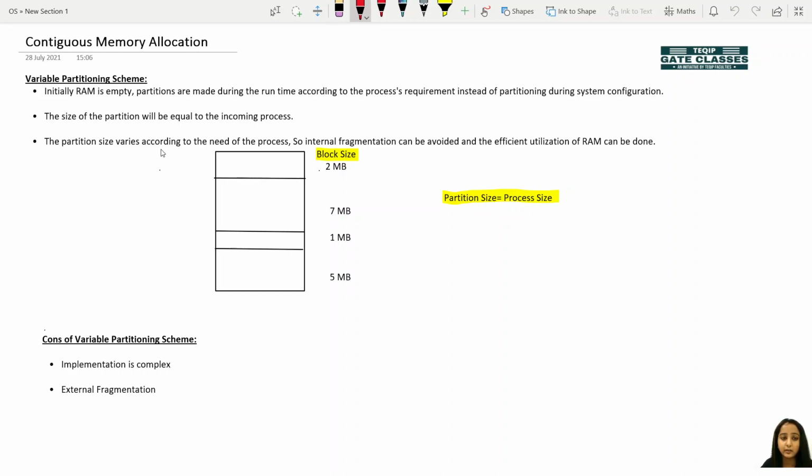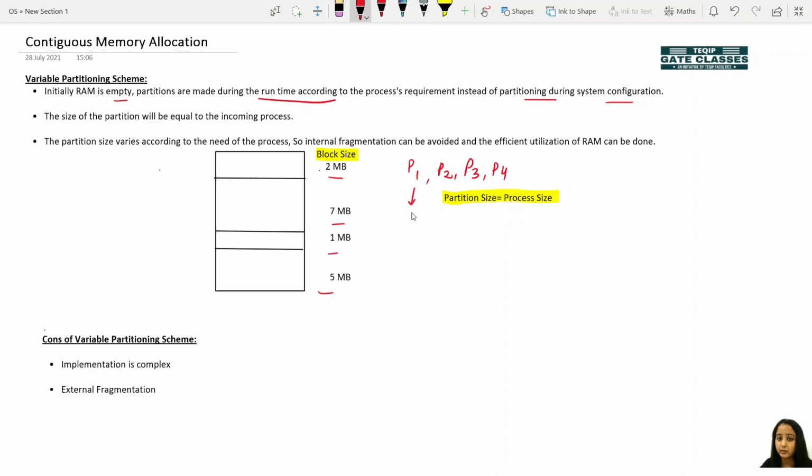Initially the RAM is empty. The partitions are made during the runtime. It is very important. The partitions are made during the runtime according to the process requirements instead of partitioning during the system configuration. So here the partitions are done according to the size of the process. Suppose I have 4 processes P1, P2, P3 and P4.